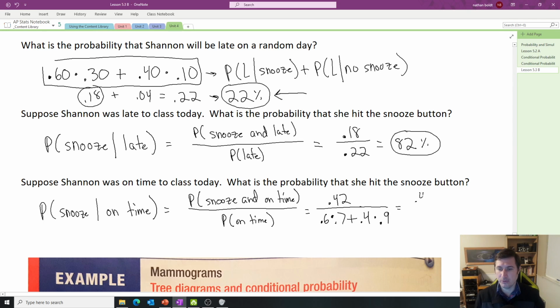So 0.42 over 0.78 is 54%. So what the heck does that number mean again? She was on time. What is the probability that she hit the snooze button? So even if she's on time, there's still a 54% chance that she hit the snooze.